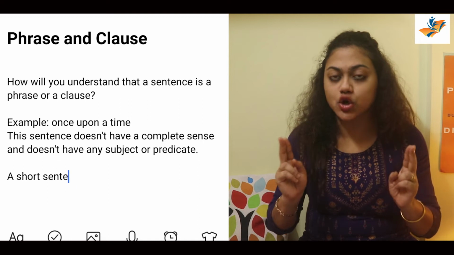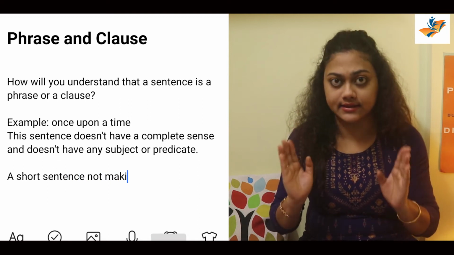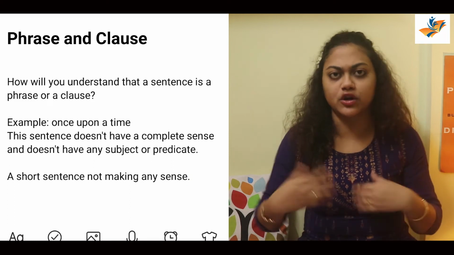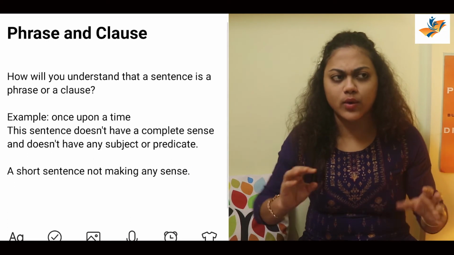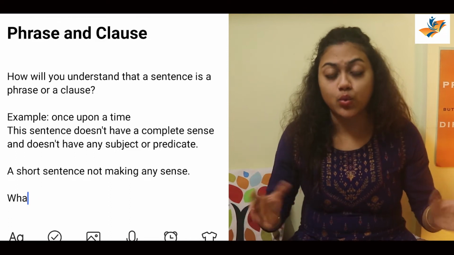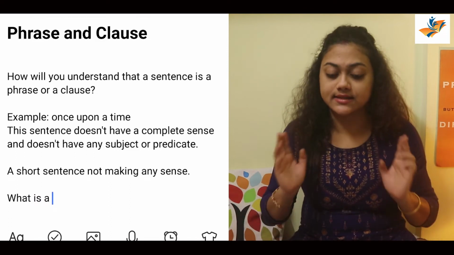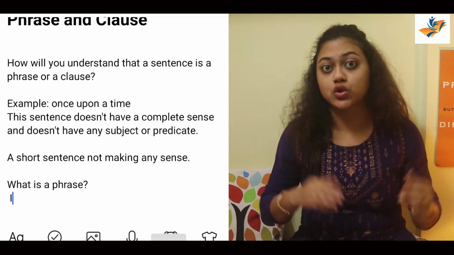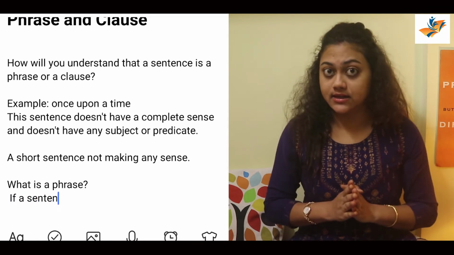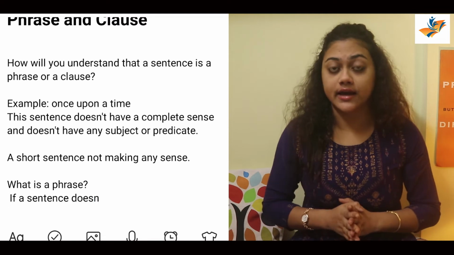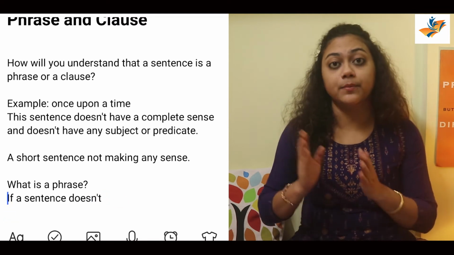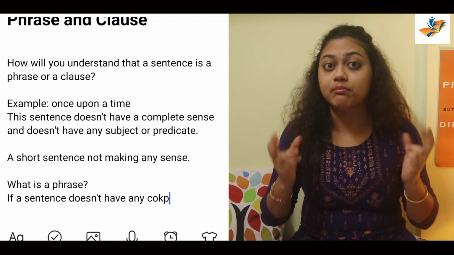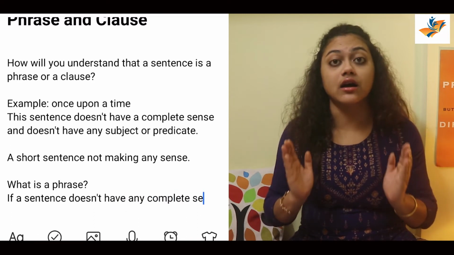It doesn't make sense: once upon a time something had happened. What had happened is not clear. The sentence is short, it doesn't have a subject and a predicate. So that type of sentence, which doesn't give you a complete sense, is a phrase.